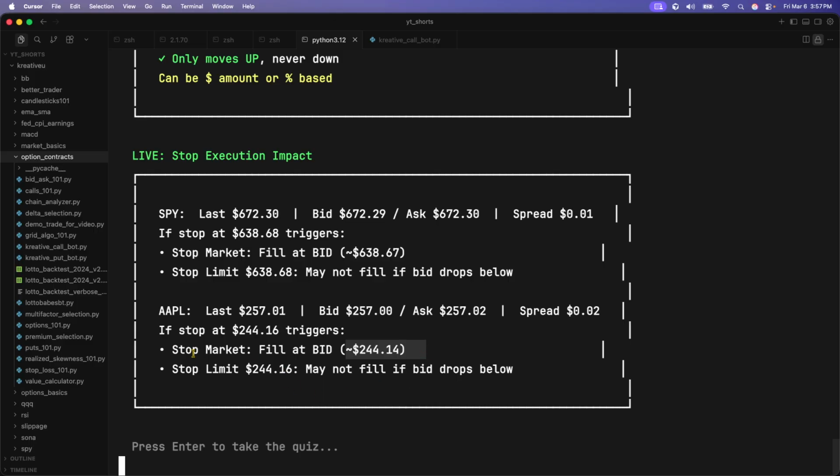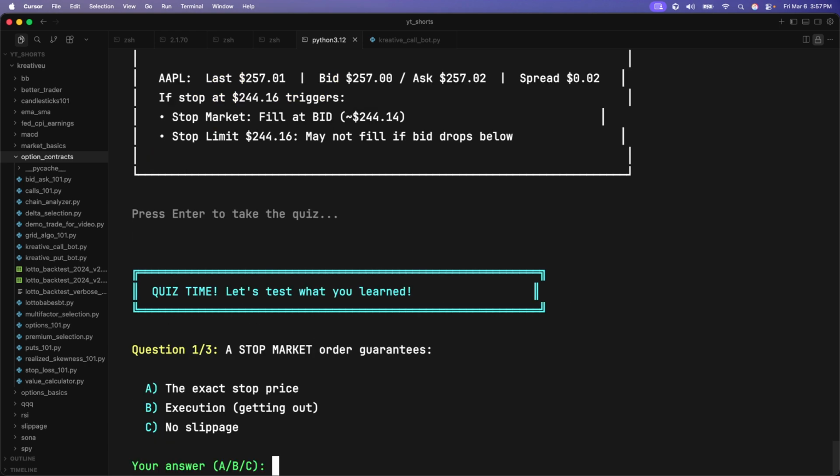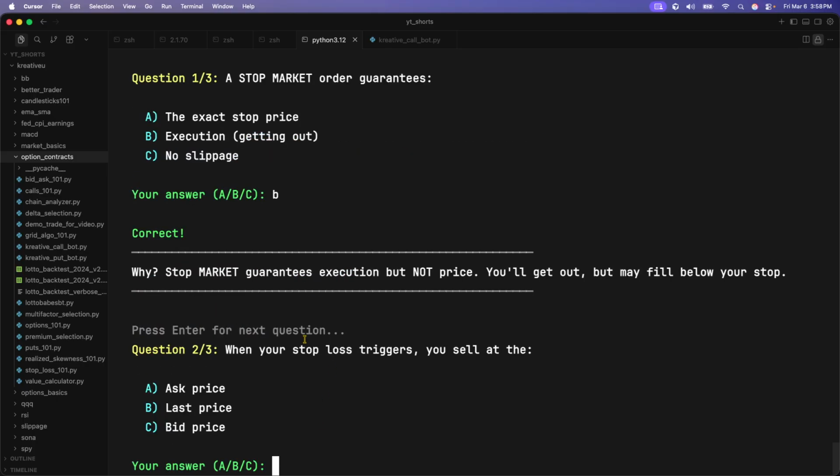Or if I use a limit order, what does it do? It guarantees the price, not really the execution. So we use the limit order at 244, but it may not fill if the bid keeps dropping below. So what does a stop market order guarantee? The exact stock price? I wish. It's going to guarantee the execution, being able to get out. When a stop loss triggers, you sell at the bid price.